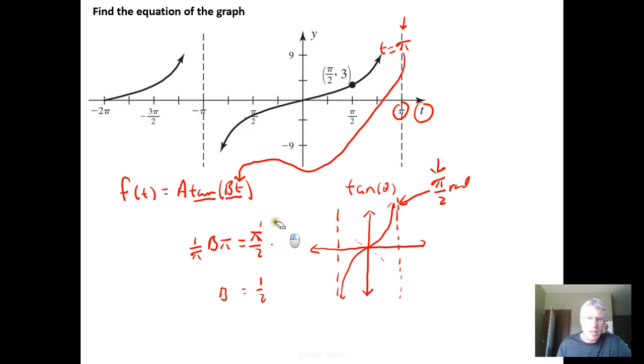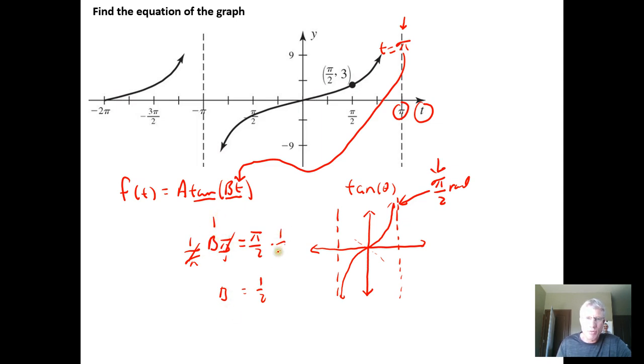And what I did here, just in case that didn't make sense, I know that to get b by itself I could divide both sides by pi, but that would create a complex fraction here. And so to avoid having to deal with a complex fraction, I take advantage of the fact that if I have a number and I multiply by its reciprocal, the product of reciprocals equals 1, so these cancel, giving me a 1 times b, which is b.